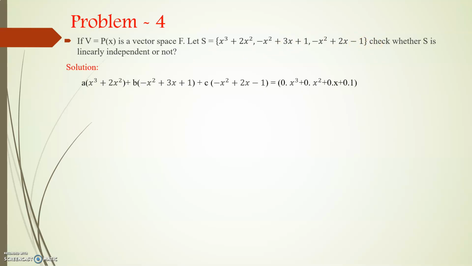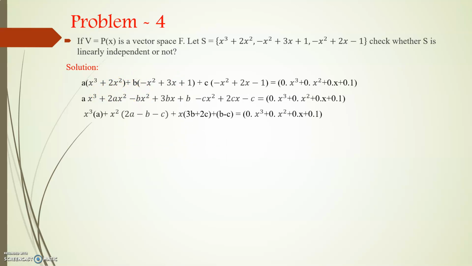Solution. Now multiplying the scalars with all the elements in the polynomial of degree 3: a times the first element x³ + 2x², plus b times the second element, plus c times the third element. The right hand side is also written as a polynomial of degree 3. Now multiplying the scalars inside, then combining the x³ term, x² term, x term and constant term.